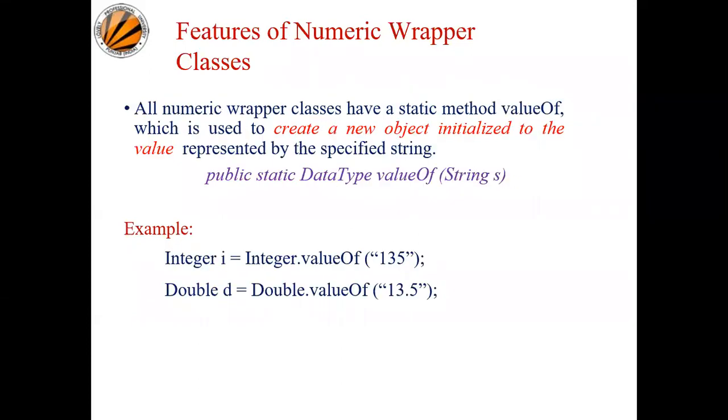All numeric wrapper classes have a static method valueOf, which is used to create a new object initialized to the value represented by the specified string. Public static data type valueOf(String s). Example: Integer i = Integer.valueOf(135), Double t = Double.valueOf(13.5).